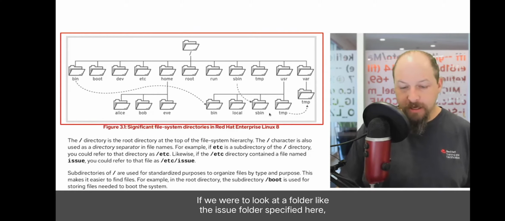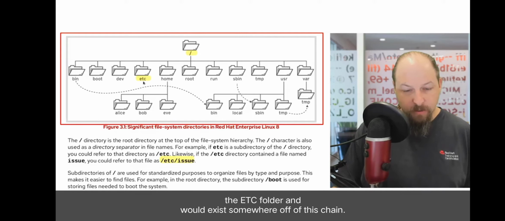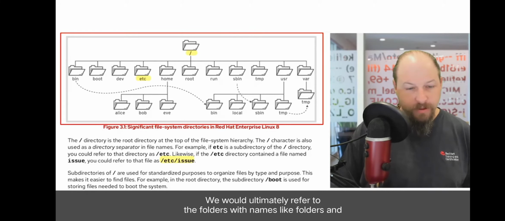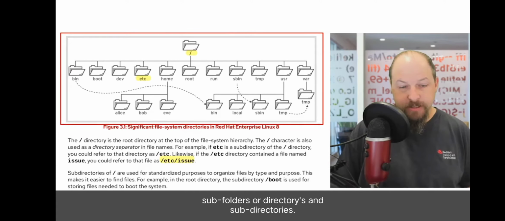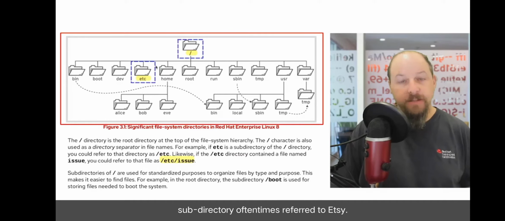If we were to look at a folder like the issue folder specified here, we would expect that it would be within the /root folder, the etc folder, and would exist somewhere off of this chain. We would ultimately refer to the folders with names like folders and subfolders, or directories and subdirectories. We could, for example, refer to this as the root directory with an etc subdirectory, oftentimes referred to as etc.